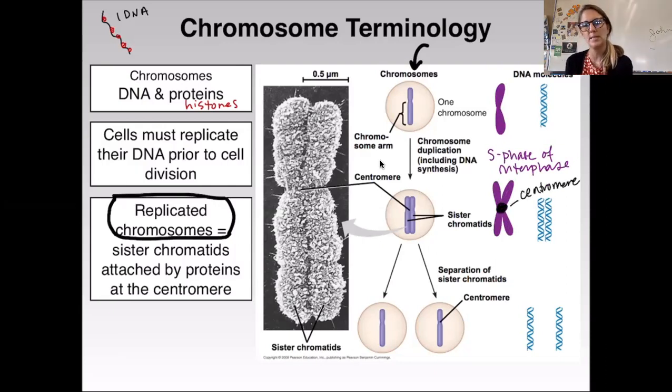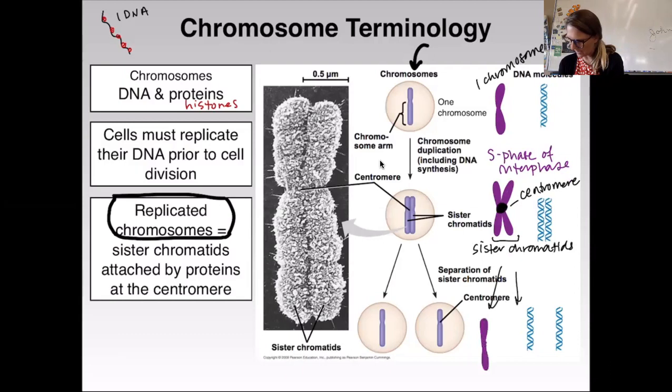The centromere is the center of these chromosomes. Now we have sister chromatids, right? So we went from a single chromosome to sister chromatids. Those are replicated chromosomes, right? And then when they separate, what we're going to see in mitosis is these guys are going to separate.